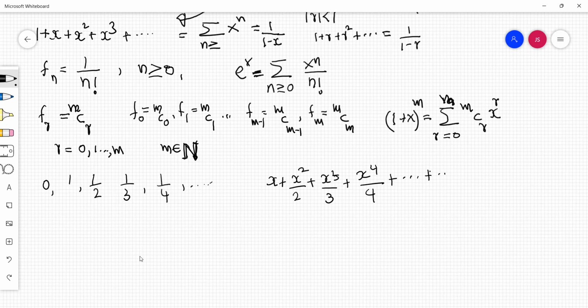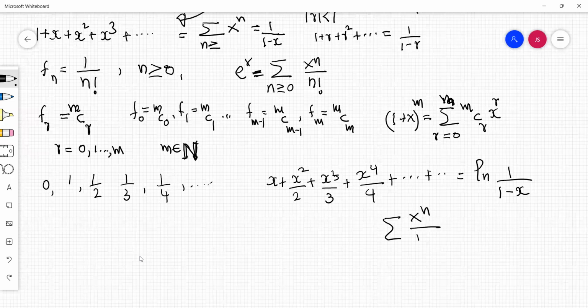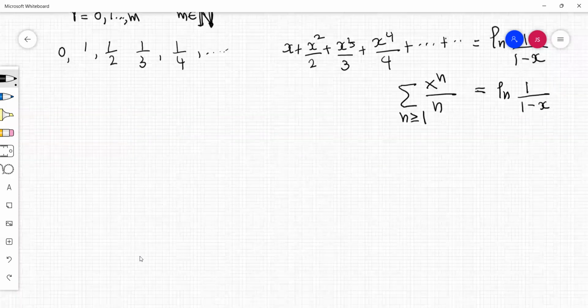Actually, it is equal to ln of 1 over 1 minus x. In compact notation, it is the sum of x^n over n, n from 1 to infinity. So this is equal to ln of 1 over 1 minus x.